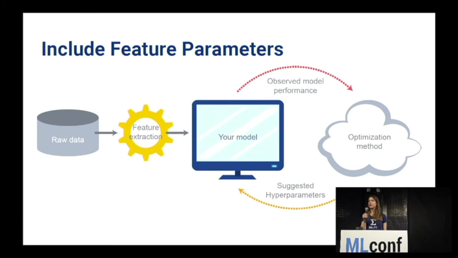And also when you're building a machine learning model, you're not just building a machine learning model, you're building an entire pipeline. You're going from raw data, doing feature extraction, you're building a model, and oftentimes hyperparameter optimization is only bolted on top of just the model building aspect of the pipeline. And occasionally this is because perhaps the pipeline isn't a repeatable process.